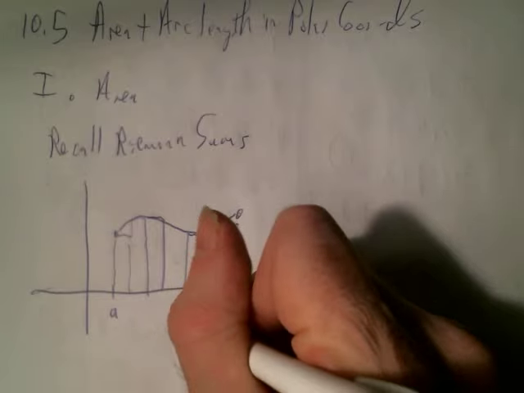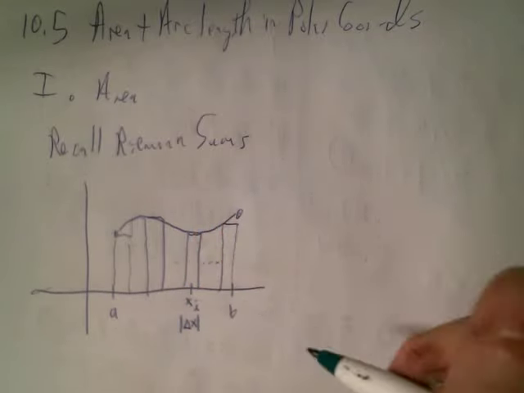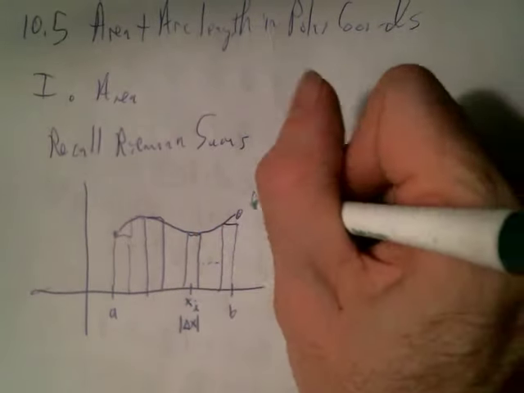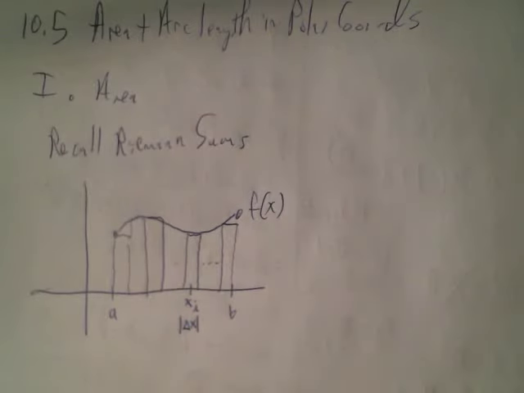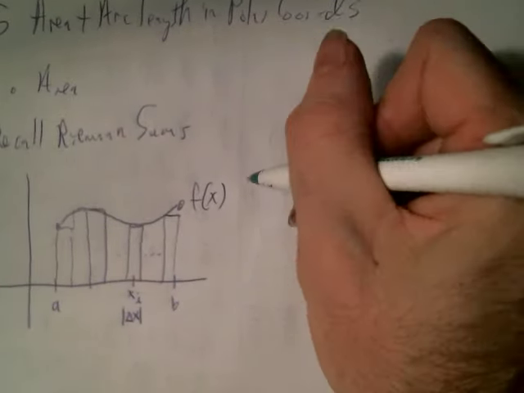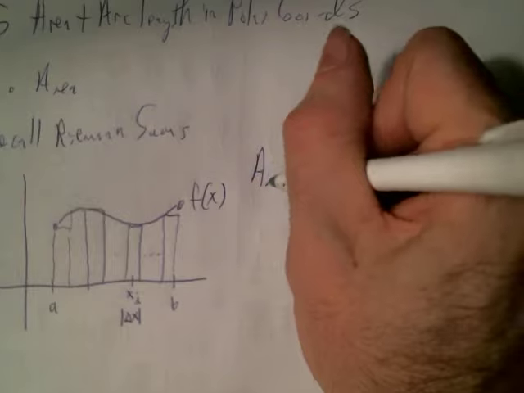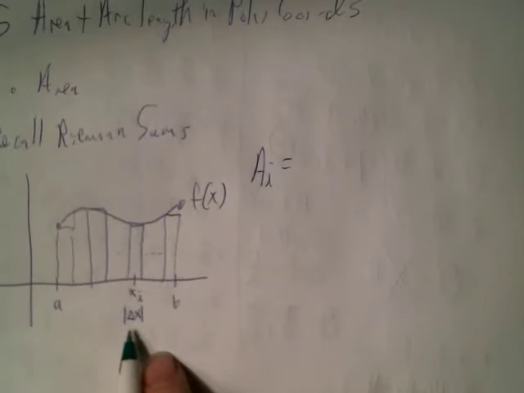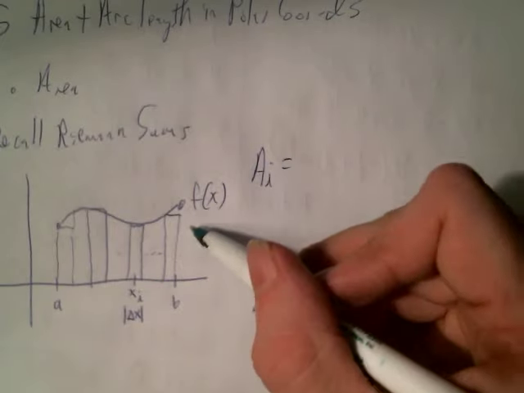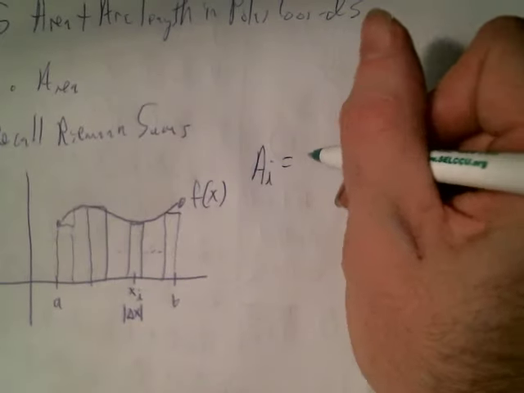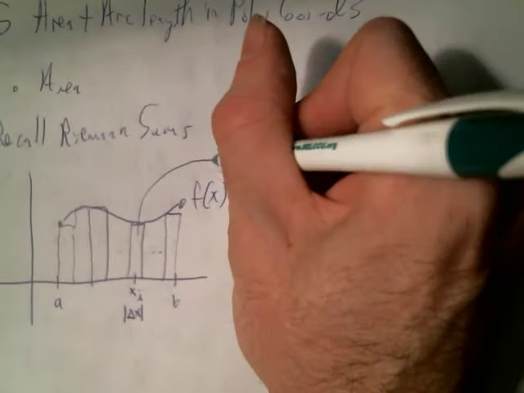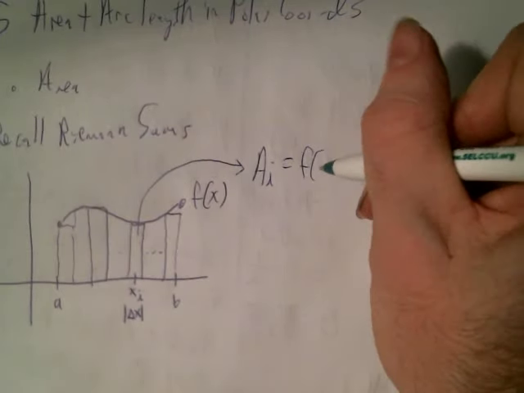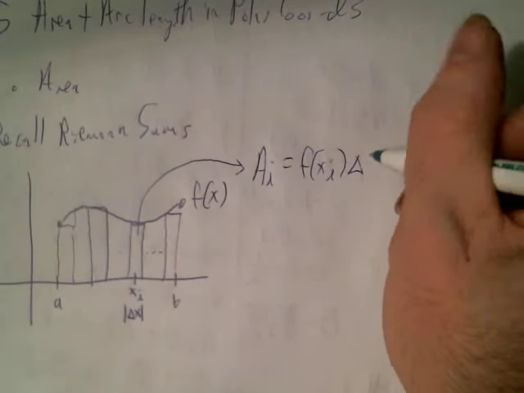The width of that rectangle we would call change in x sub i, or we'll just call it change in x for the sake of sanity. This is a function f of x. We would have a way of figuring out the area from geometry, it's just base times height, right? The base is just change in x. The height will be f of x sub i. So the area of this ith rectangle should be f of x sub i times change in x.